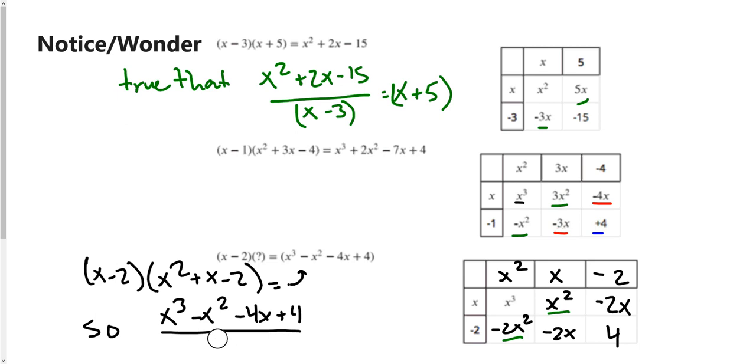Just to make it clear, since we started with x minus 2, if we take this and divide by x minus 2, we get x squared plus x minus 2. Well, look at that. How amazing is that? We just actually performed division.